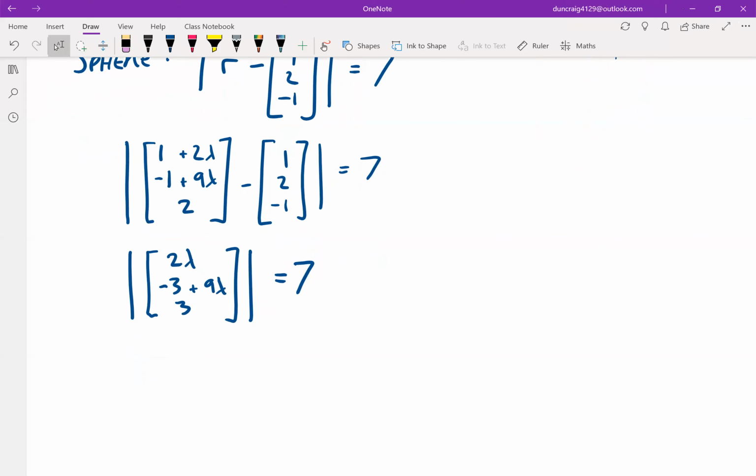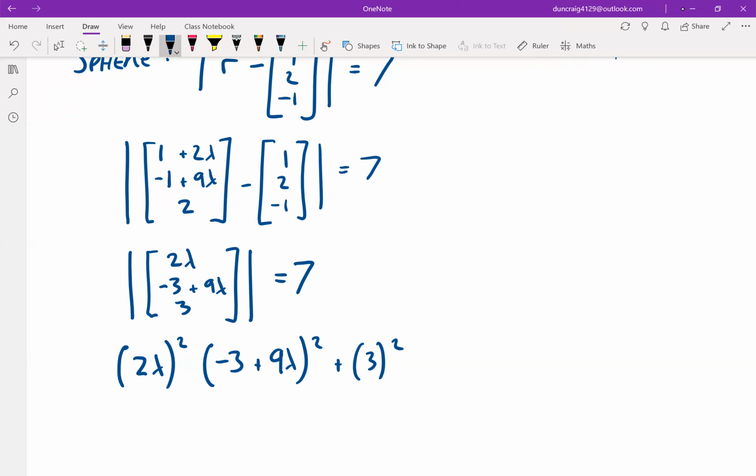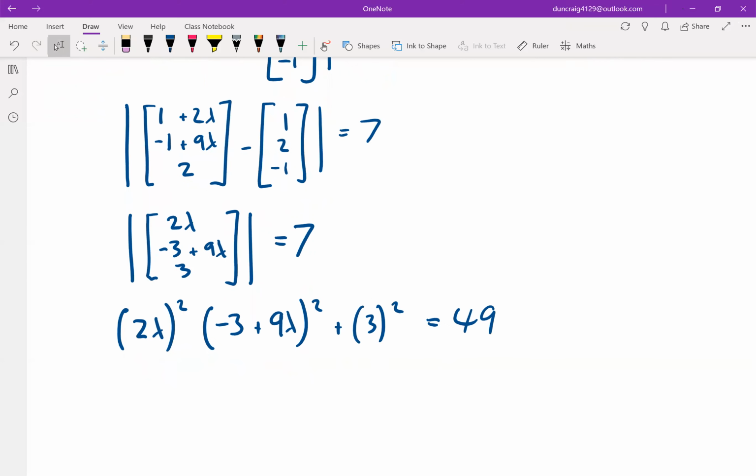That's telling us that 2 lambda squared plus (-3 plus 9 lambda) squared plus 3 squared. Really it's the absolute value, so it's the square root of all of that, equal to 7. But I don't like writing that square root, so I'm going to square both sides, which gives us 49. That's nice and easy to work with.